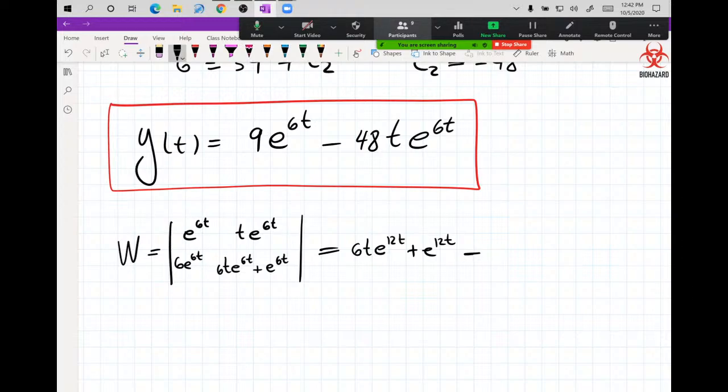And then we have minus multiplication of this diagonal, which is t e to the 12t. And you see that the total of this is 5t e to the 12t plus e to the 12t. And that's different than 0. Therefore, the solutions are linearly independent, and we keep both of these solutions.